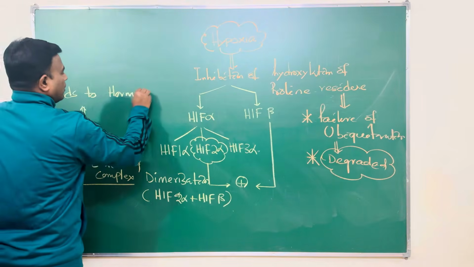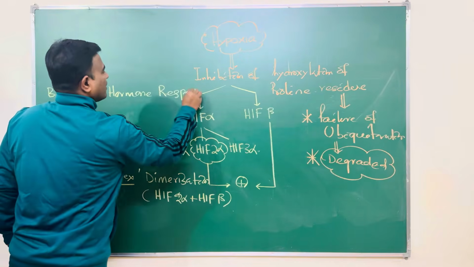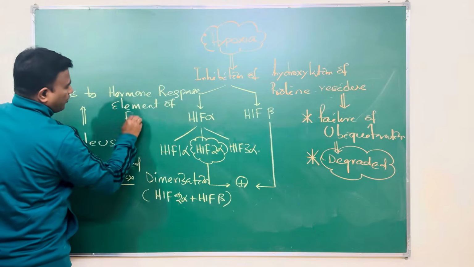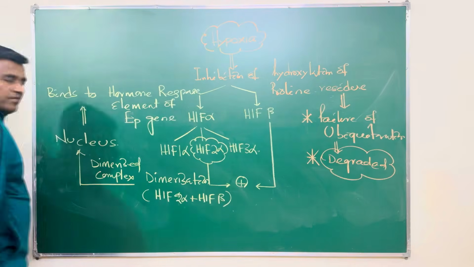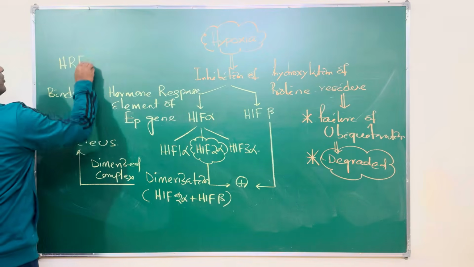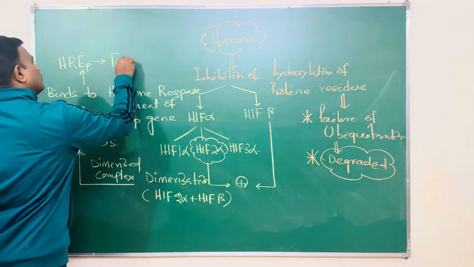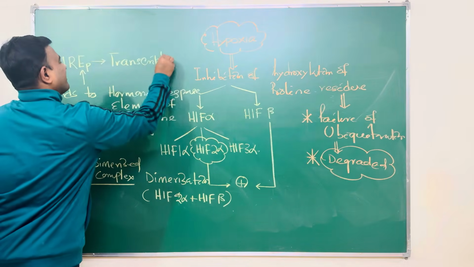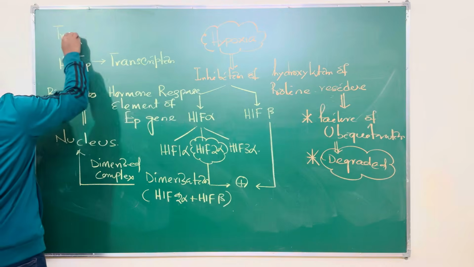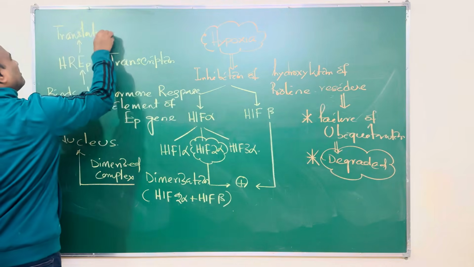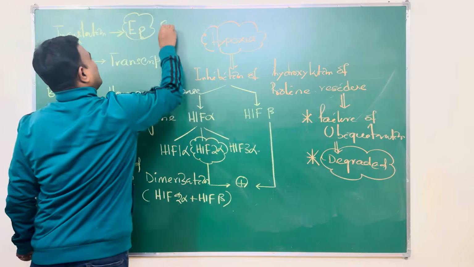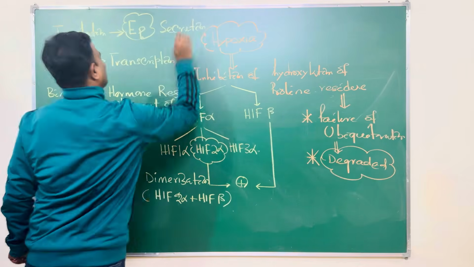the hormone response element of the erythropoietin gene. This hormone response element of the erythropoietin gene undergoes transcription. This transcription is followed further by the translation, which leads to the erythropoietin protein to be secreted, that is secretion.